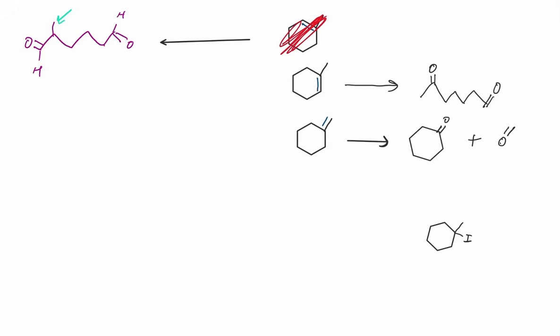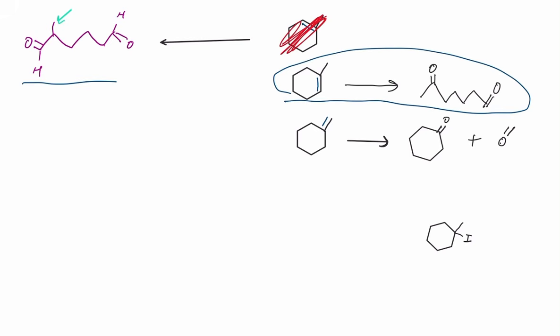We would end up with these 2 products, the first of which looks much more like the product we're looking for. So we know that this intermediate is the alkene that we're using.